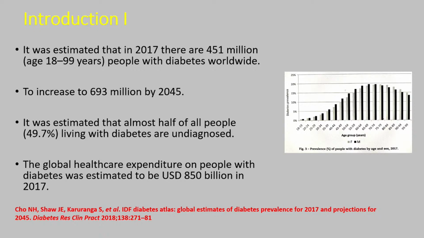And almost half of the people with diabetes are not diagnosed. Also, healthcare spends a lot of money on the treatment of the diabetic population, estimated at 850 billion in 2017.